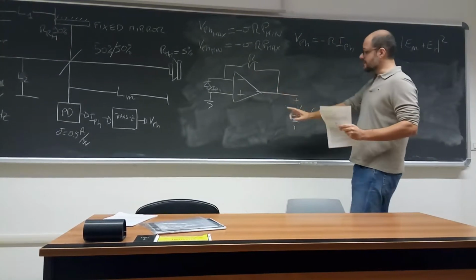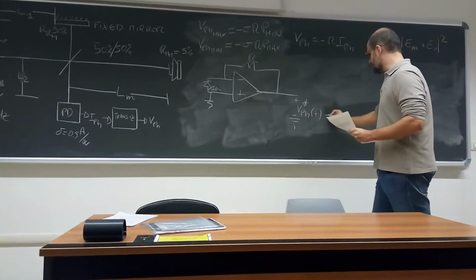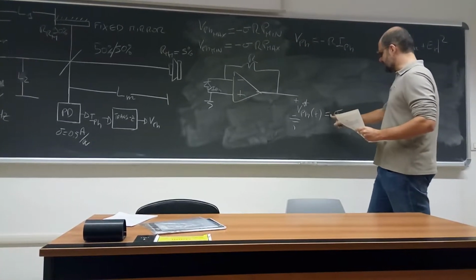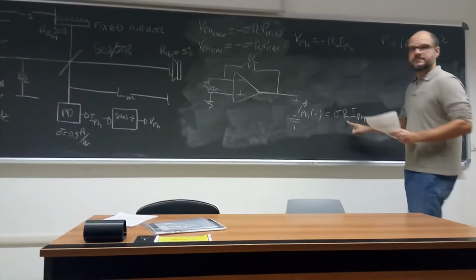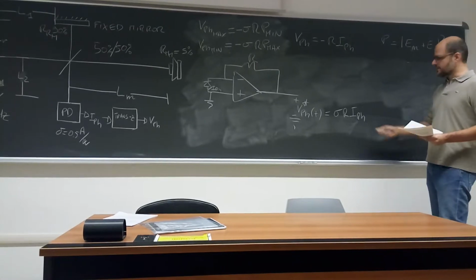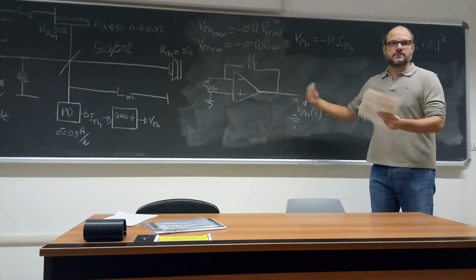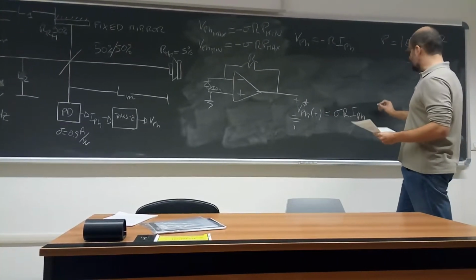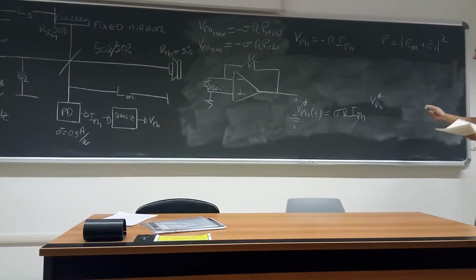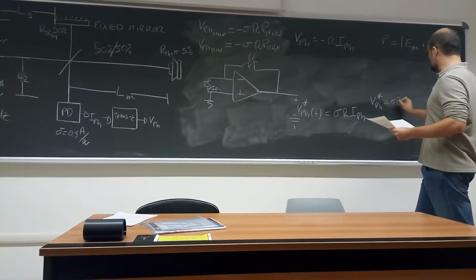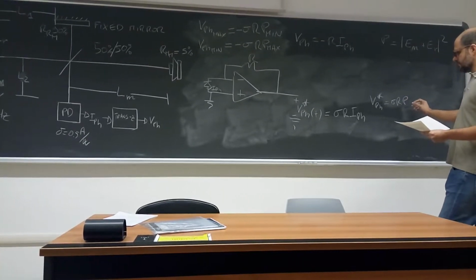In this case, since now the photodetected voltage is given by plus sigma multiplied by R multiplied by P, okay? So P remains the same. It does not change. But if you use this configuration, of course, the maximum value of the photodetected voltage is related to the maximum value of power.